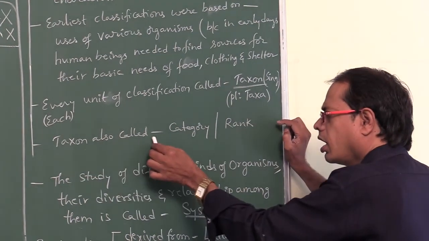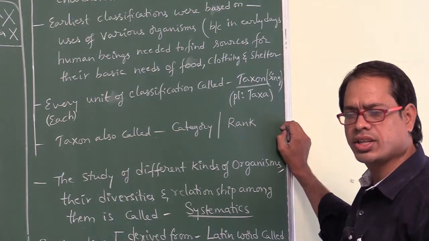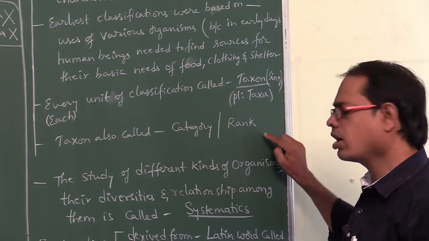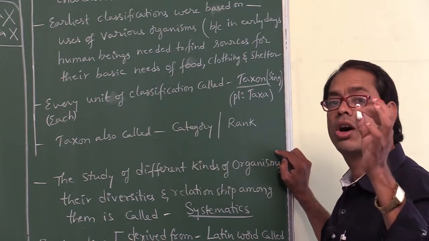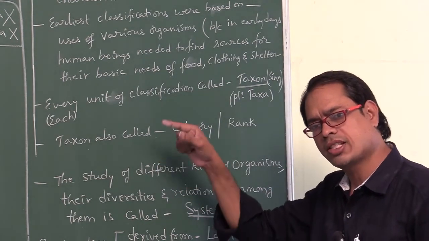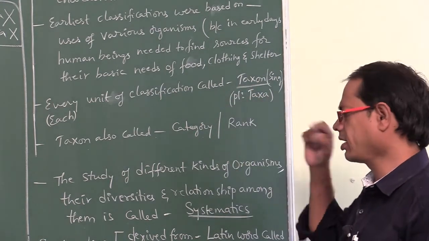Taxon is also called category or rank. So every unit of classification is called taxon, category, rank: all of the above. The correct answer is all of the above.